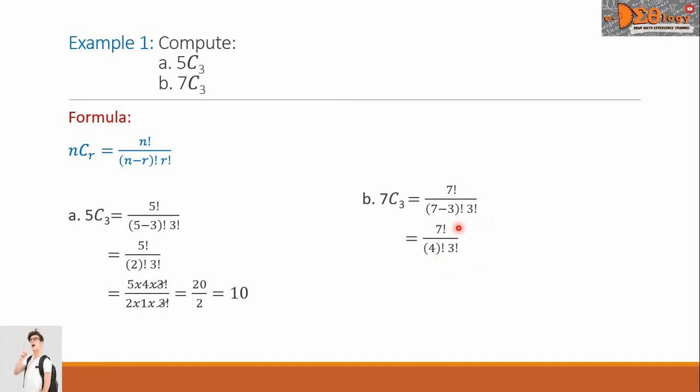On top, the 7 factorial becomes 7 times 6 times 5 times 4 factorial. In the denominator, we keep the 4 factorial as is, and then let us expand the 3 factorial as 3 times 2 times 1. We can cancel the 4 factorial in the numerator and in the denominator.